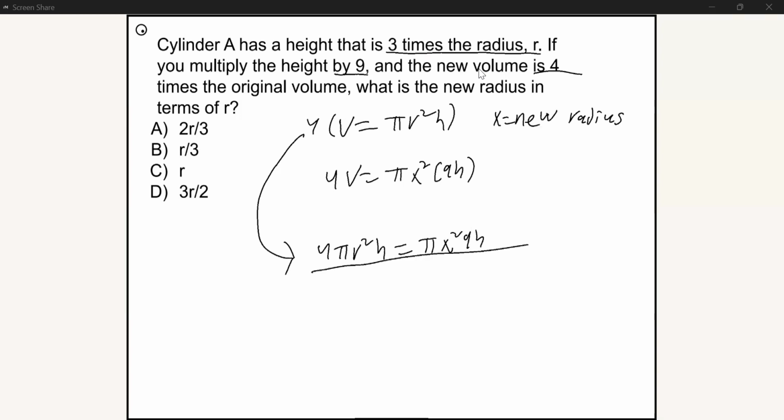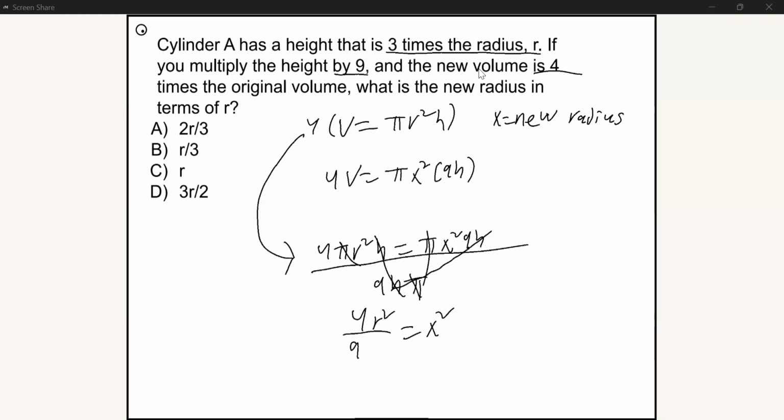And then let's divide by 9h pi. The pi's cancel. The h's cancel. And then we're just left with 4 ninths r squared equals x squared.